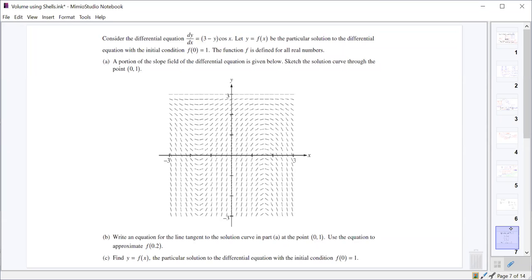Well, what's that going to look like? 0, 1 is this point right here. Let's pick a different color. Something like that. Just make sure that you extend it all the way to the edges of the slope field, and that should be good enough. They gave you 1 point for that.